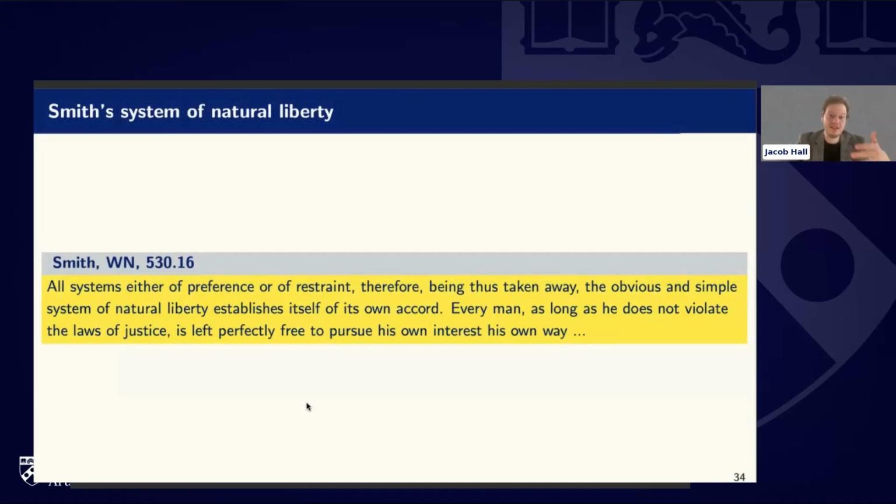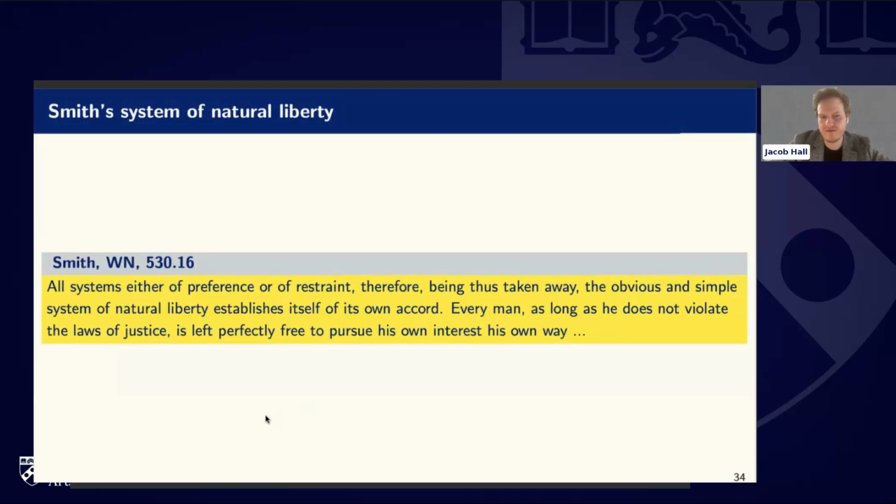Building on this idea, this pounding of the fist, I mentioned a little bit earlier that there's another through line, which is Smith's system of natural liberty. He nicely says on page 530, all systems, either of preference or of restraint, therefore, being thus taken away, the obvious and simple system of natural liberty establishes itself of its own accord.